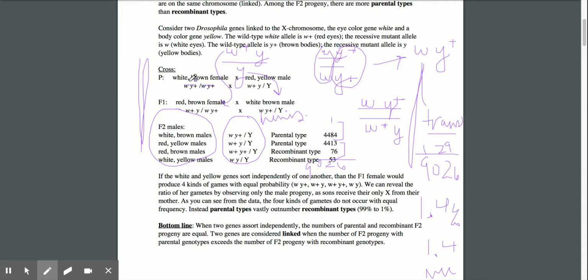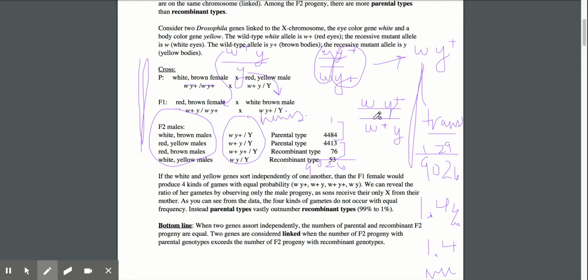I may or may not be given this information about the cross. I will be given these numbers, and I'll be told enough so that I know I'm doing the 2-point test cross. I'll know that if it's independent assortment, I am expecting a 1-to-1-to-1-to-1 ratio.